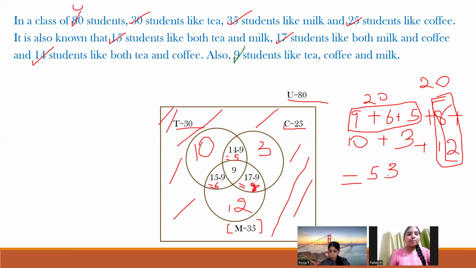So among this 80 students, 53 students like either tea or milk or coffee. They've asked for the remaining students who don't like any of them. So what will you do? You will take U minus 53. So that is 80 minus 53.